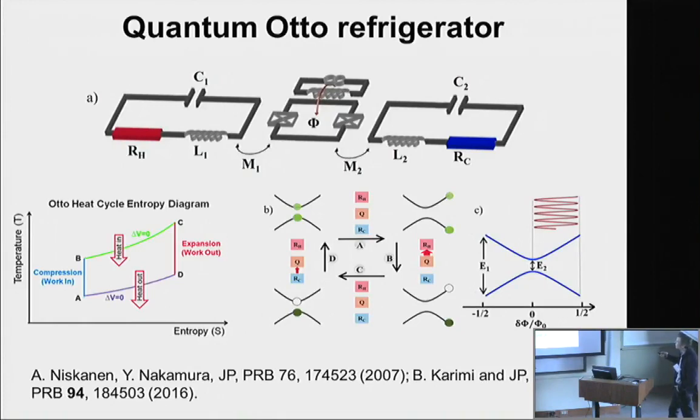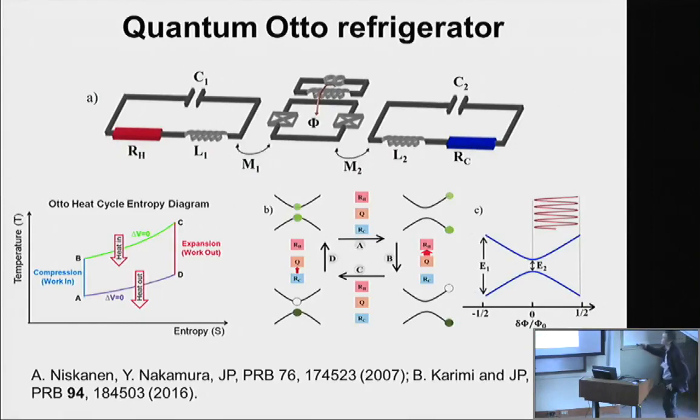Now if these 2 resonators have unequal LC resonance frequencies, then one can make a 4-stroke engine out of this, or 4-stroke refrigerator, in fact, where initially the system is biased to the point where the level spacing is minimal, and we assume that it is in resonance with the cold bath here.